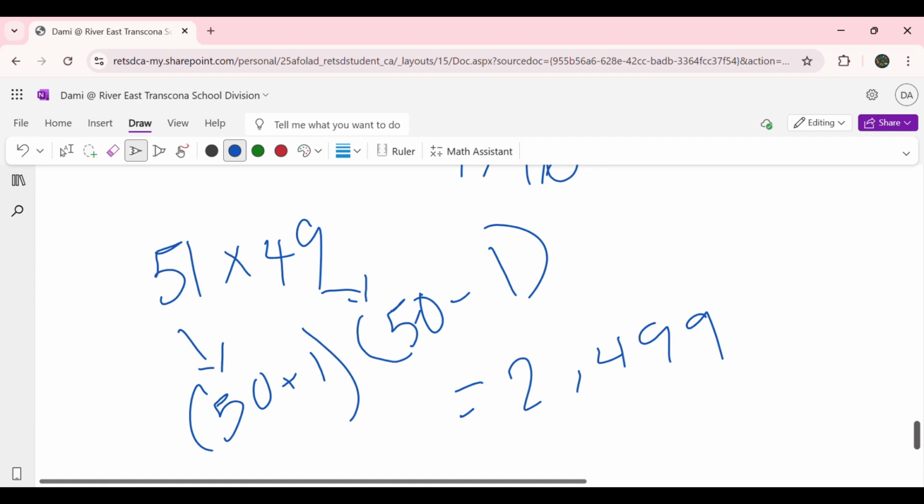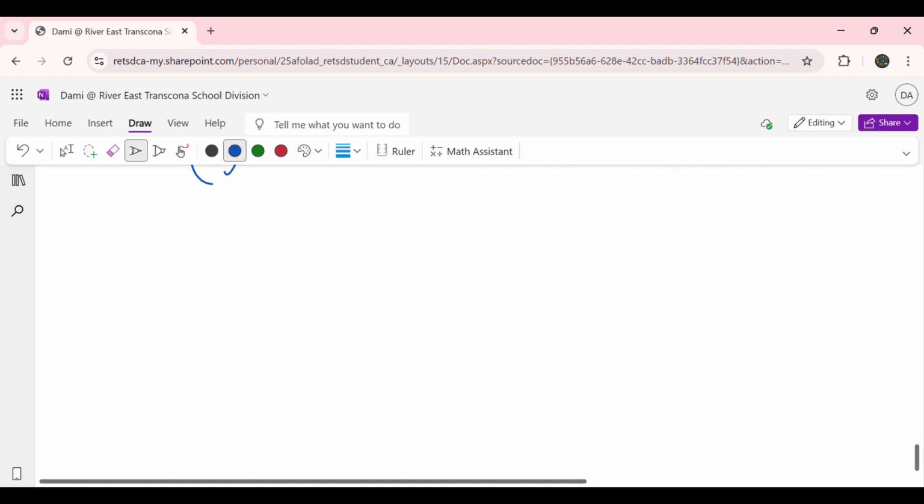You just go 20 plus 4, 20 minus 1, and you do that. And it's perfect for quick mental math when numbers are close together.